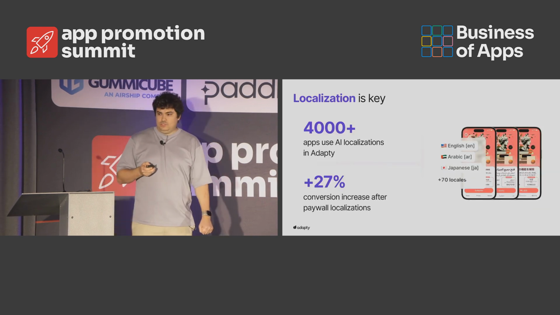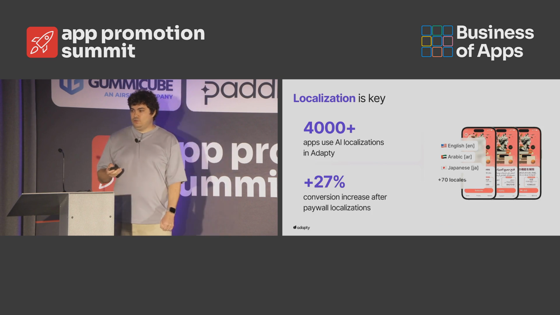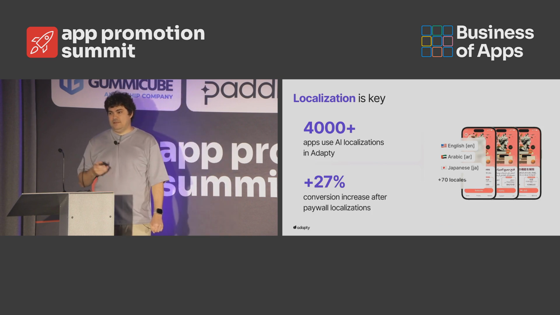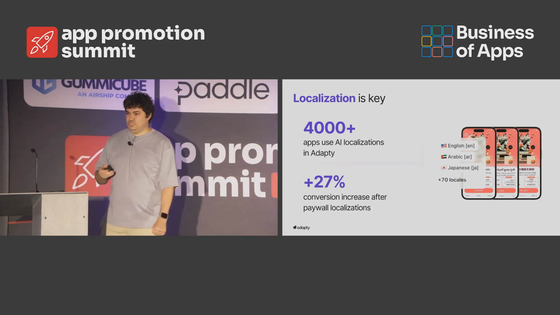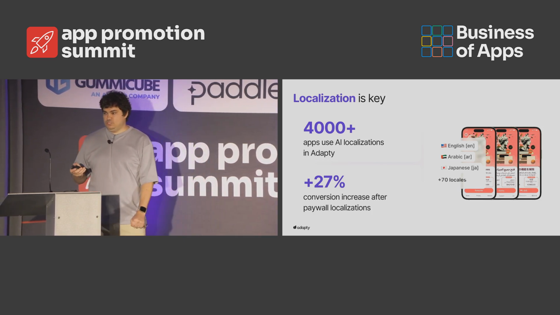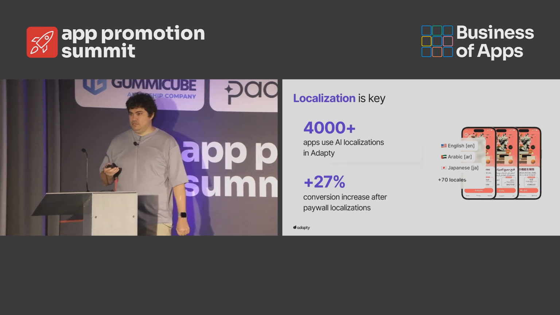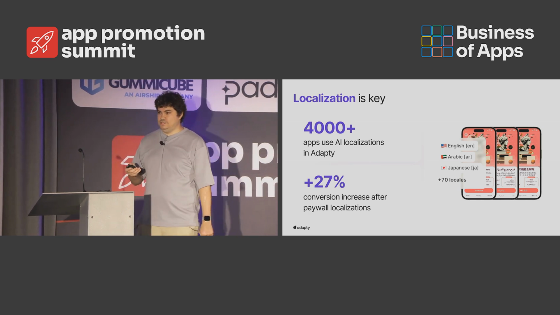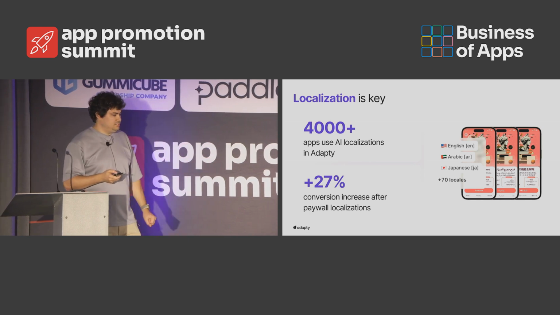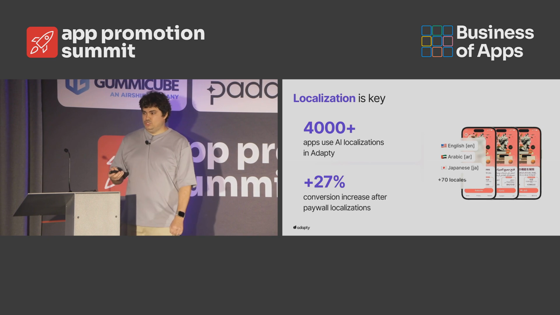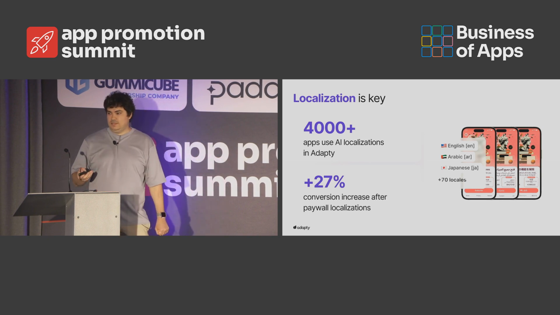To do it effectively, it's very important to localize the paywalls, onboardings, and applications in general. But if you don't have resources to do everything, just start with the paywalls, because we see that the average increase in conversion for localized paywalls compared to non-localized is 27%, which is a huge number. So for markets that don't speak English, use localization, and this will increase conversion.